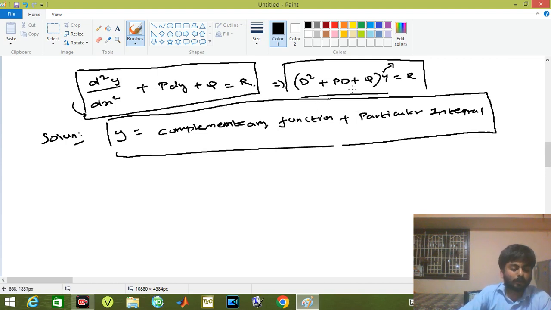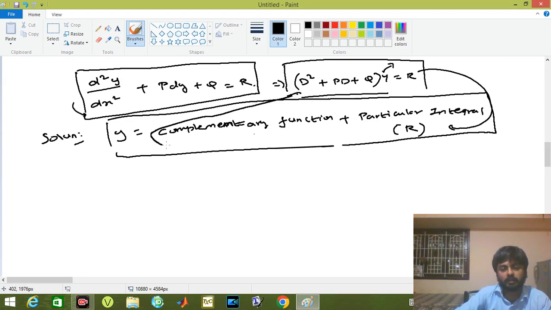Okay, you have to know one thing: the particular integral purely depends on the right hand side, that is this r, whereas the complementary function purely depends on the roots of the equation, which can be written as m square plus pm plus q equal to 0.